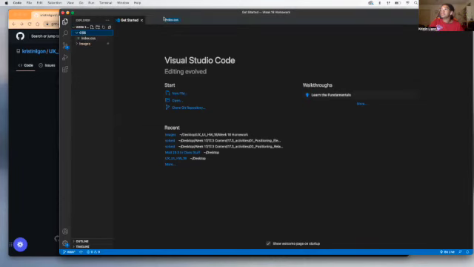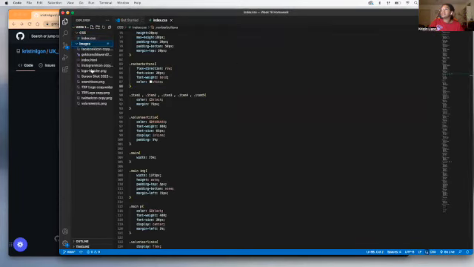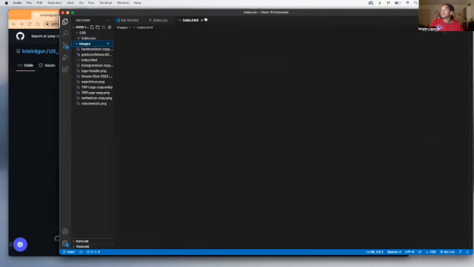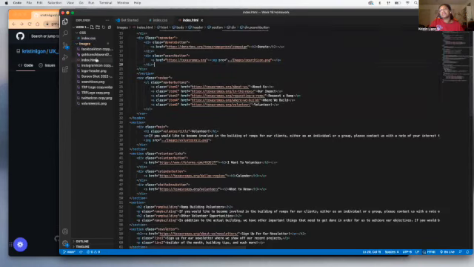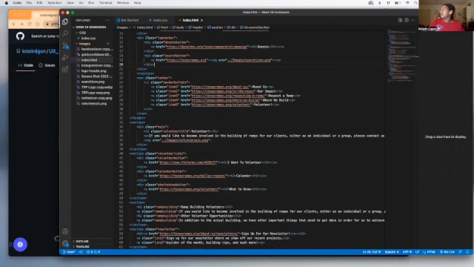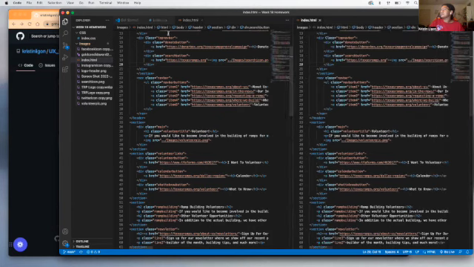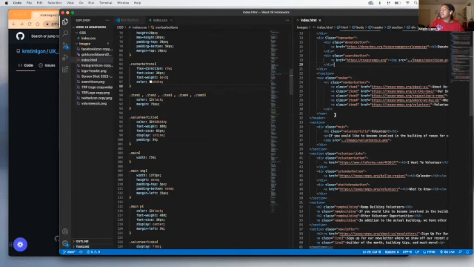So that is the index. I wonder why it's looking like that. That's interesting. I might need to go back and fix that. But this is what we're working with so far when it comes to my HTML and my CSS.